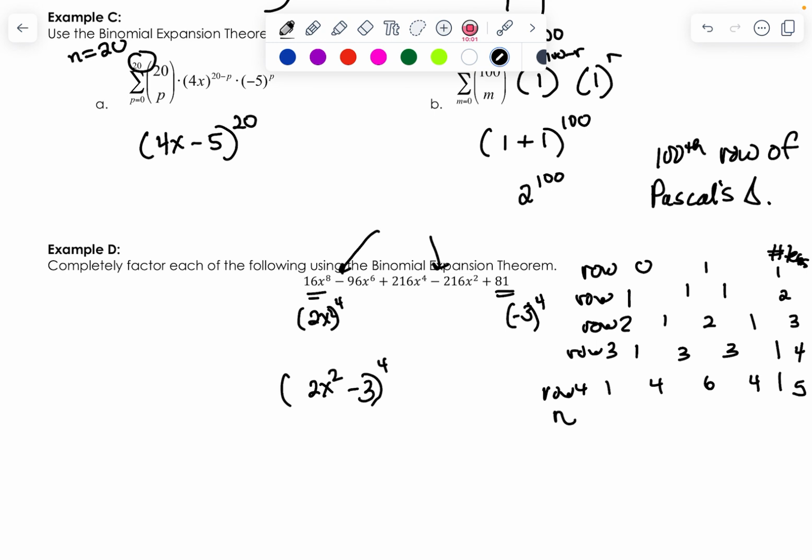So if the row number is n, the number of terms is n plus 1. So let's just confirm. I had 1, 2, 3, 4, 5 terms, then that has to be the fourth row. So that kind of confirms what we thought. All right, that finishes the notes for us.